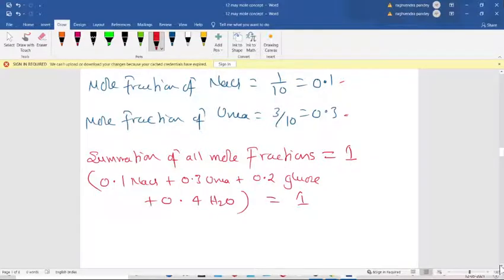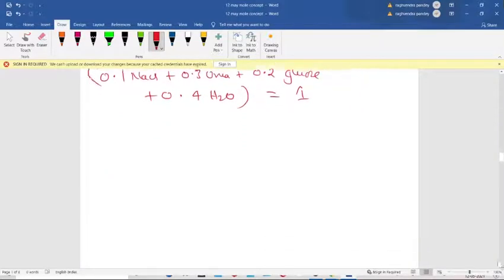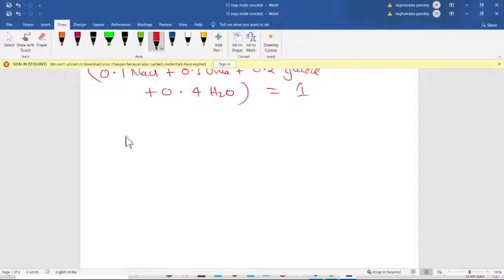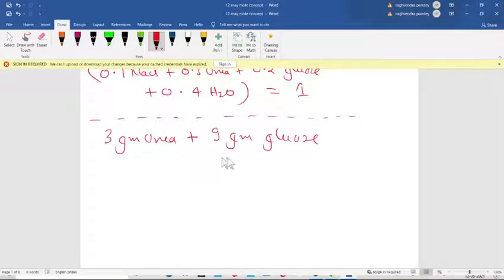Suppose we take 3 gram urea plus 9 gram glucose. Only this we are taking.